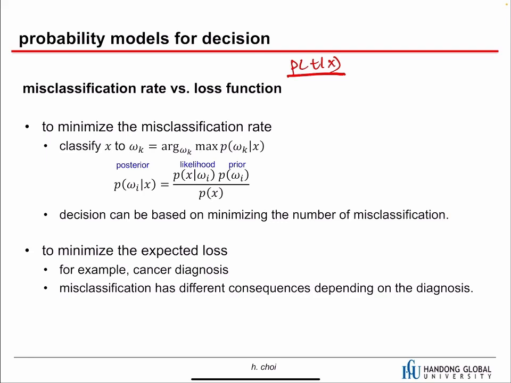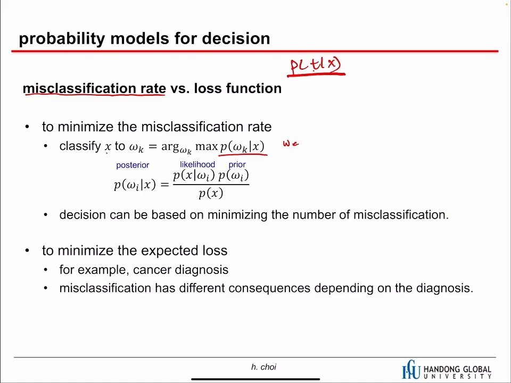The first one is a misclassification rate. So we want to minimize this misclassification rate. Actually, it is to maximize the accuracy. Okay, so in this equation, WK is the same as T in the previous slide. So we have this probability, and we want to maximize this probability. Okay.